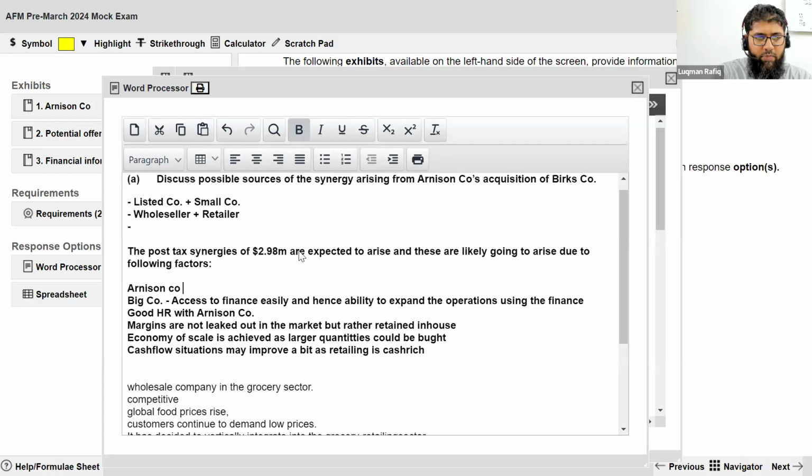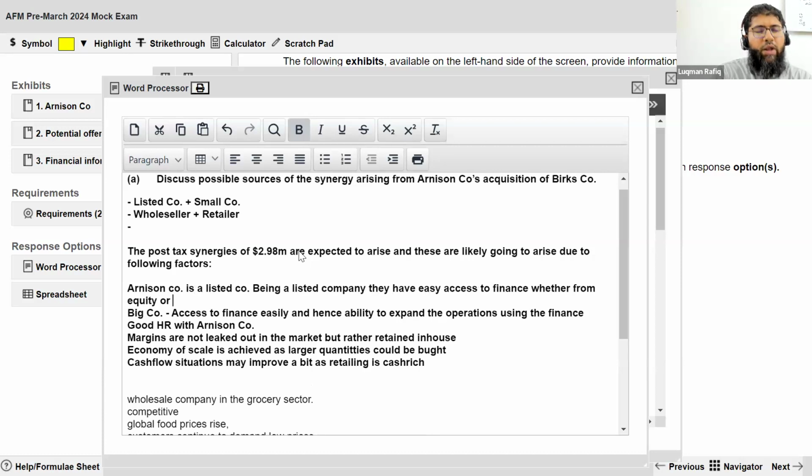Arneson Company is a listed company. Being a listed company, they have easy access to finance, whether from equity or through debt also.